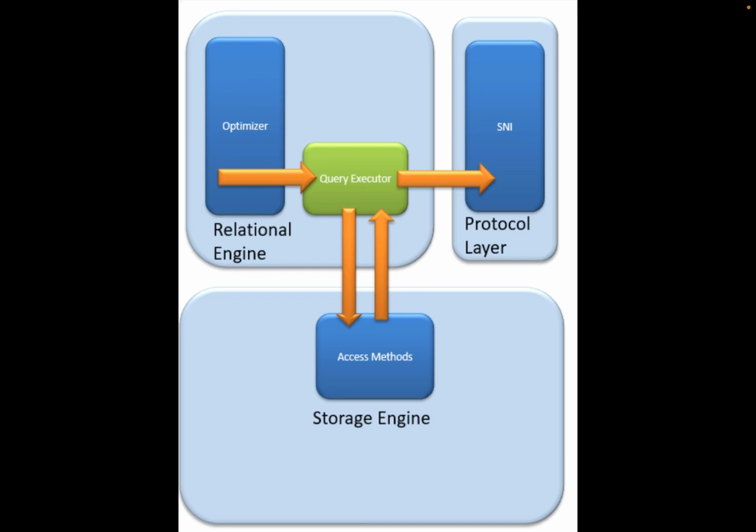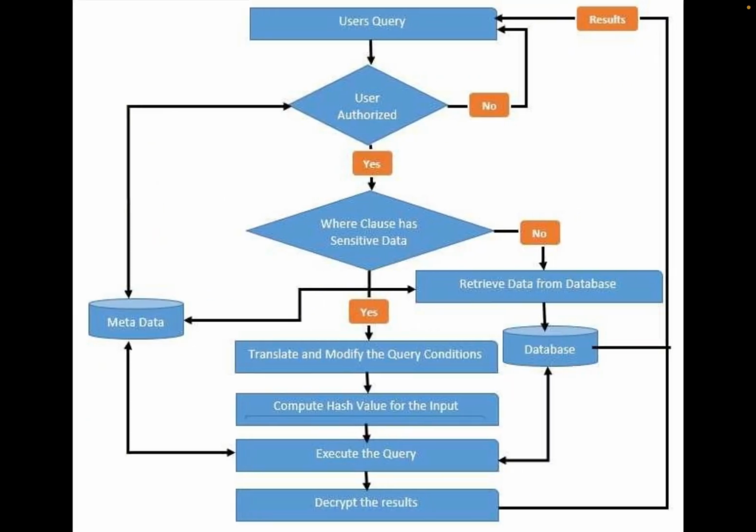So we have the relational engine, protocol engine, and storage engine. In simple words, it accepts your query, understands it, executes it, and returns the result. So this is how it works.